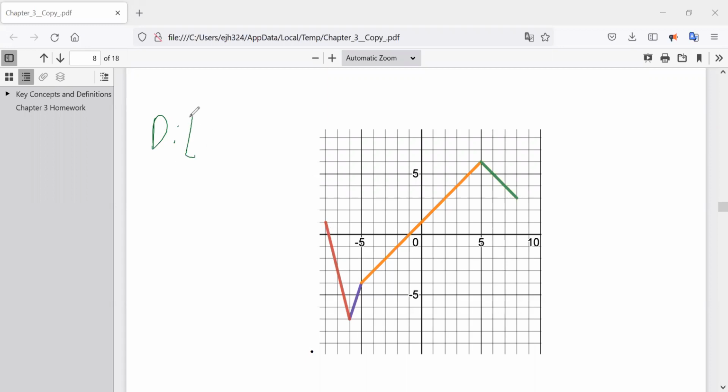I think it's -8, right? So 6, 7, 8. Okay, -8, bracket 8. Yeah, exactly. Thank you. And the range would be? Bracketed -7, bracketed 6. Perfect. Because that's our lowest value, and this is our highest value, and the y's are -7 and 6.